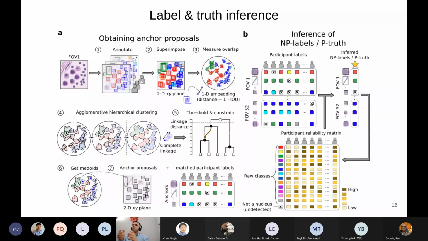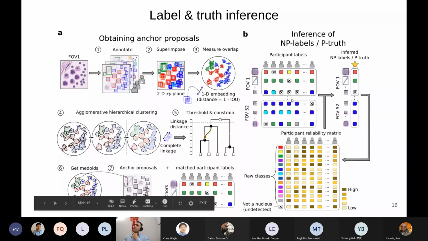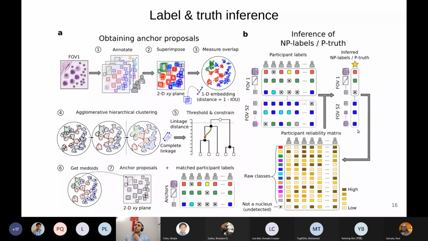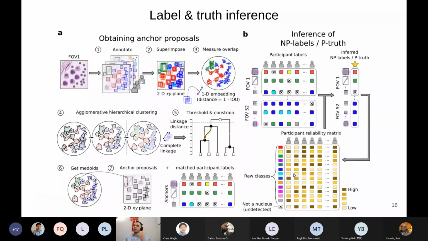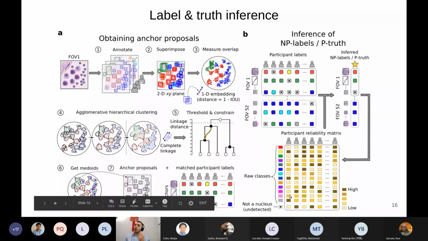Now we have a single frame of reference and we can use expectation maximization, which uses all of this data to get some aggregate label. Let's say we do the averaging over everything for the sake of argument, and you get some initial label for each nucleus. Then using that label, you estimate the reliability of each participant with respect to each class.